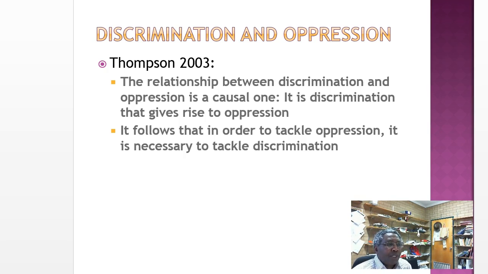Thompson, as I mentioned, has written about discrimination and how discrimination relates to oppression, and he argues that there's a clear and direct relationship in that discrimination is what causes oppression.